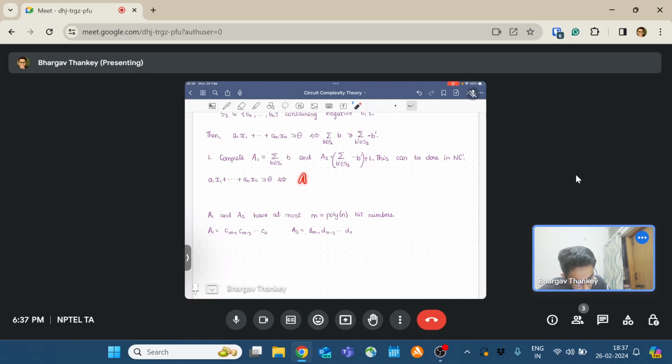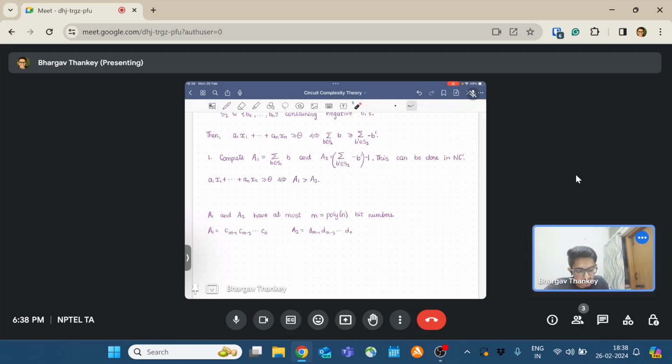So this greater than or equal to this means that, okay, wait, no, let me subtract one. Okay, so we want to compute this, right? And that would be true if A1 is strictly greater than A2. Why?